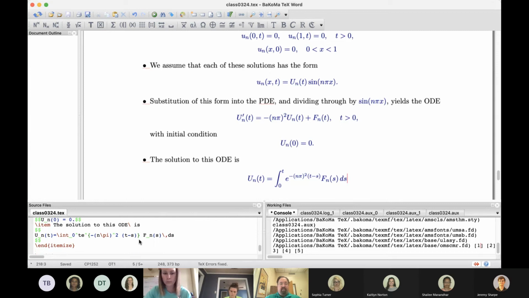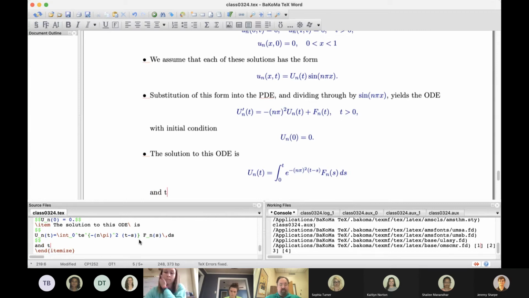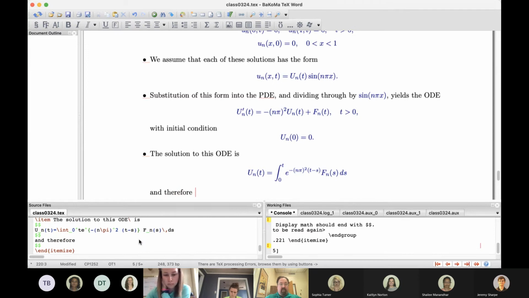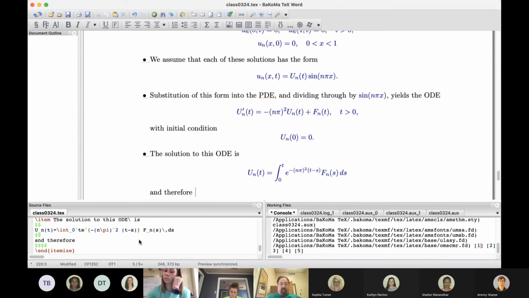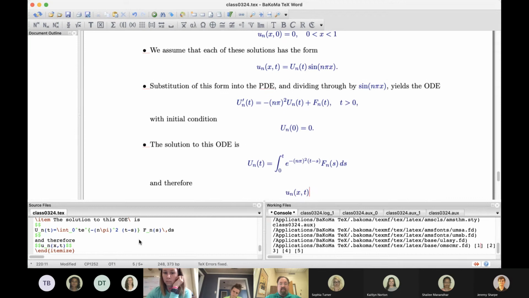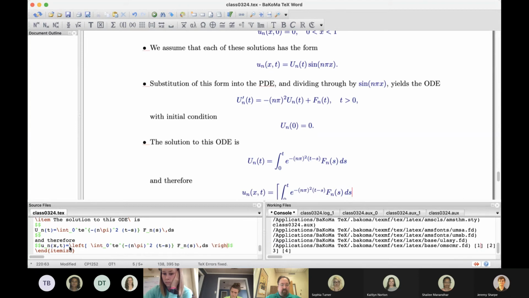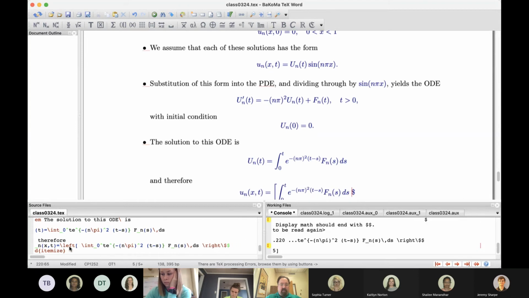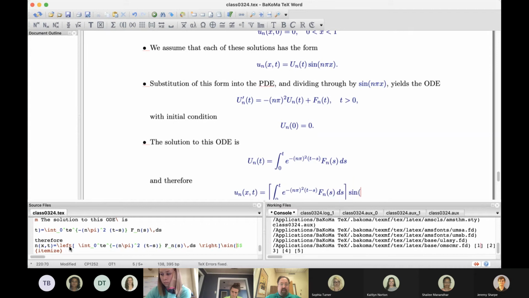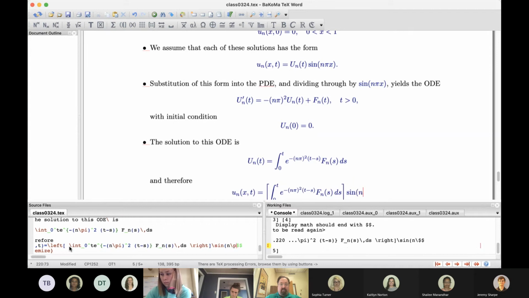So then I have u_n of x,t equal to this integral times sine n pi x.